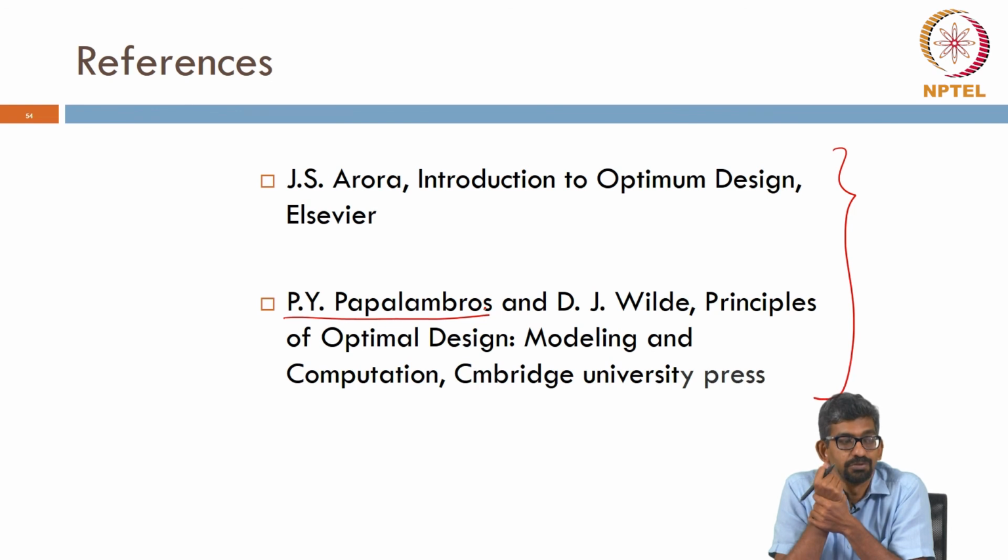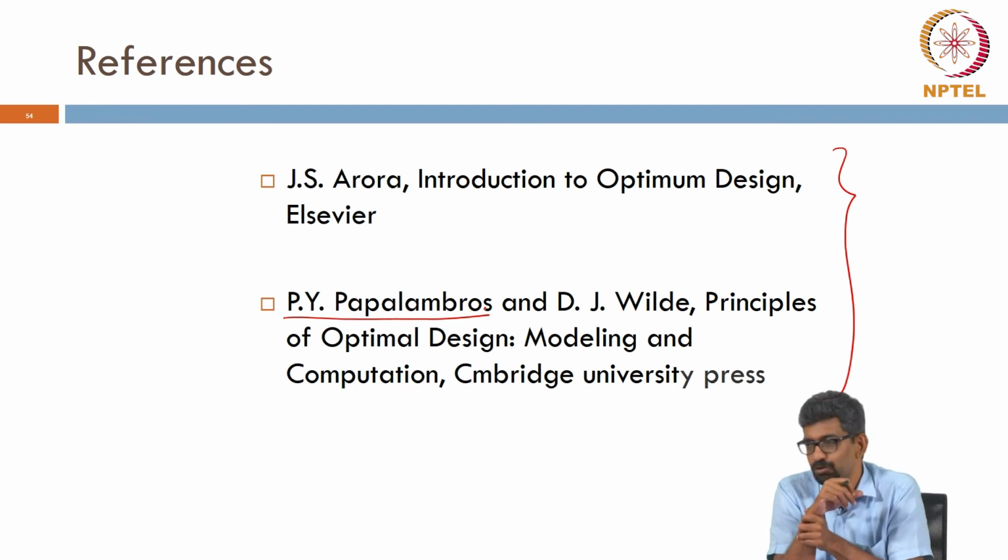Papalambros introduces the course in a design sense. He does give details about the mathematics, but he introduces everything in a practical sense. So, it is a good book to hold for now and for later also, when you go work or go for a postdoc or something, it might be a good book for you to rely upon. So, it is a good idea to buy that book also, not too expensive.